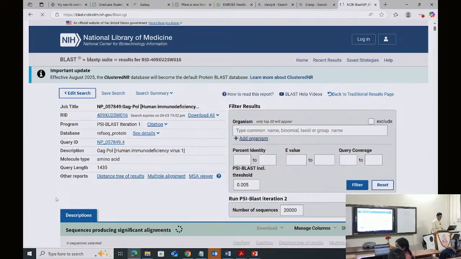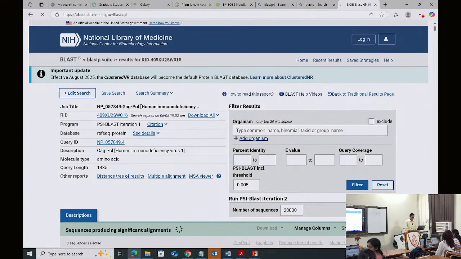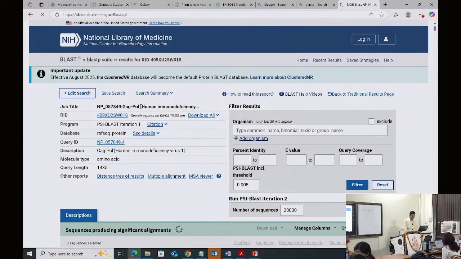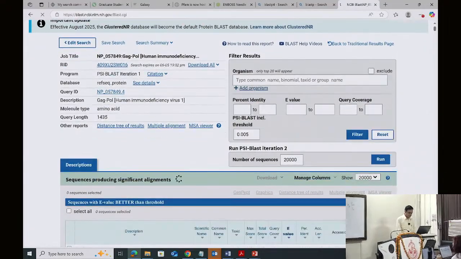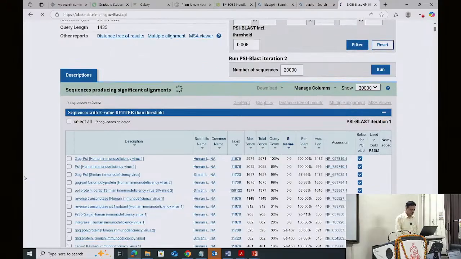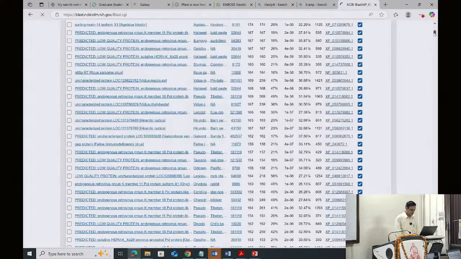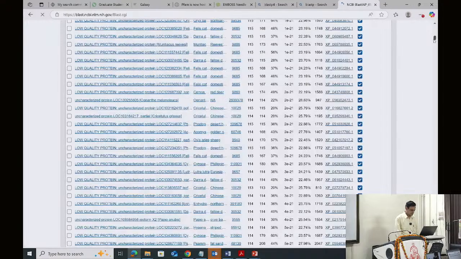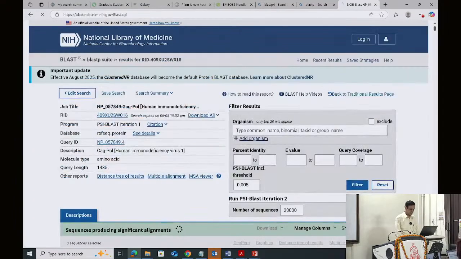So this is the first iteration, and let's look at the taxonomy report. I see all viral hits actually when I'm just looking at it. It is still going through all these retroviruses.